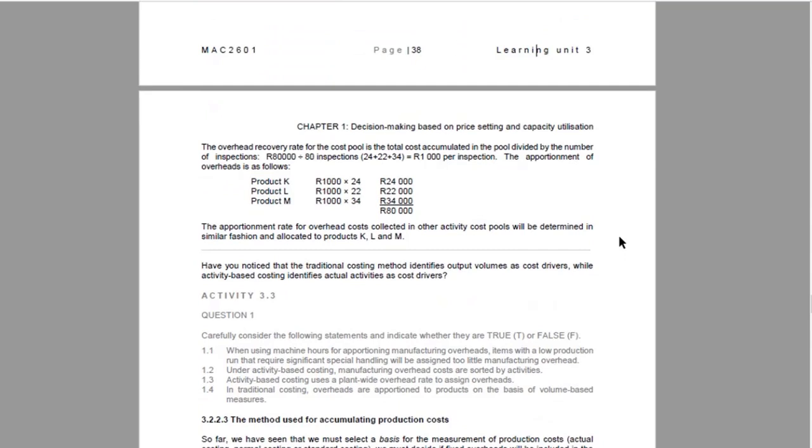When you're using activity-based costing, which is ABC, you will allocate it the following way. The overhead recovery rate for this cost pool would be as follows. You take that 80,000 that I was talking about and divide it by the number of inspections. So what are the total inspections? You take the 24, the 22, the 34.